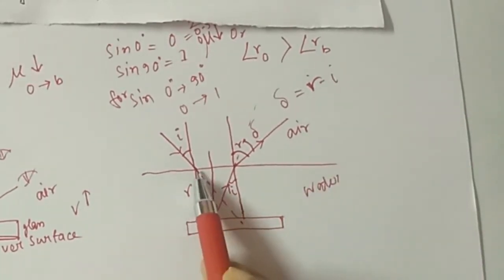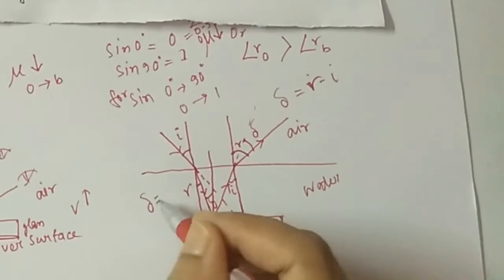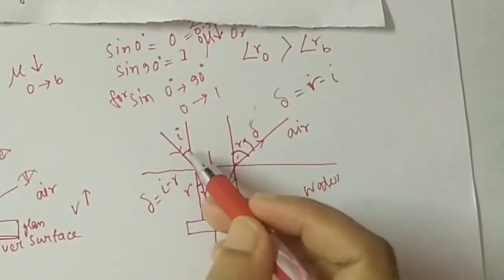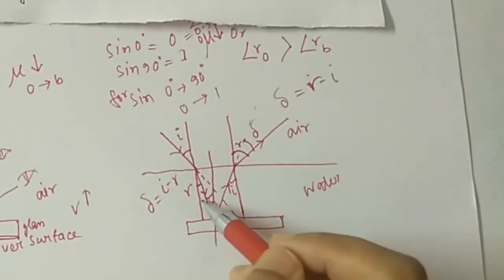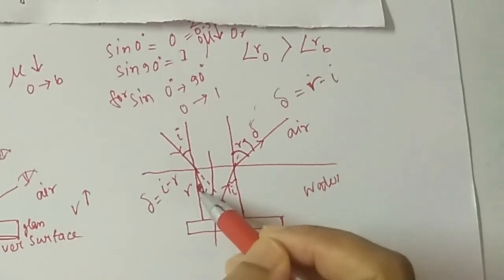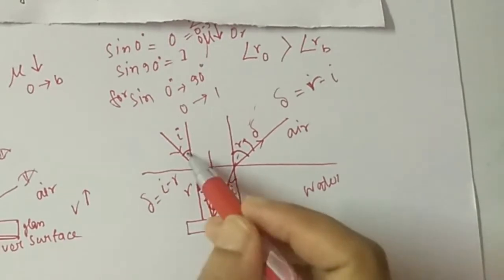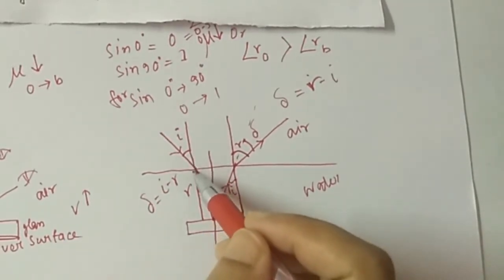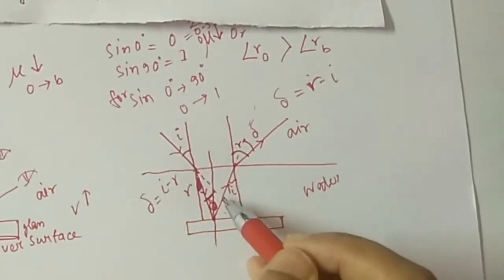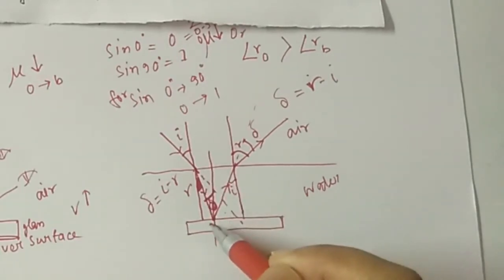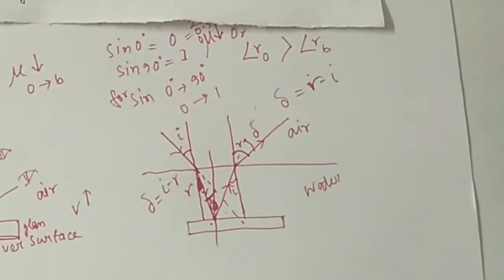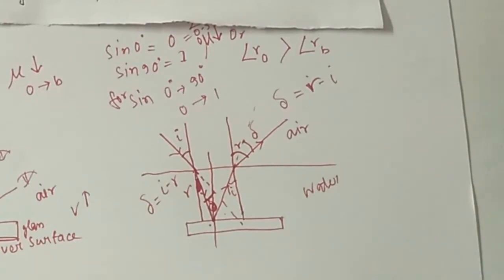In the first case delta will be i minus r, where the angle of incidence is greater than the angle of refraction. This is the angle of refraction and this is delta, the deviation from the direction of incident light to the refracted light. I hope you understand the thing.